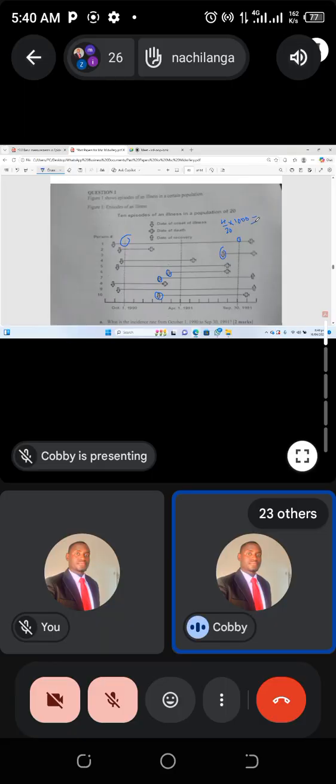What will be the final answer, the incidence rate? Let's calculate 4 divided by 20. So it will give us 200 per thousand.